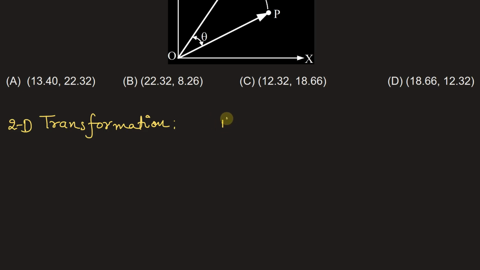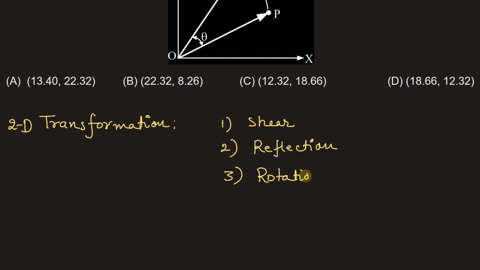It can be shear, it can be reflection about any axis, or in this case it is rotation, and that too rotation about the origin. Let's not waste much time on shear and reflection. Let's directly come to the point, that is rotation about the origin.